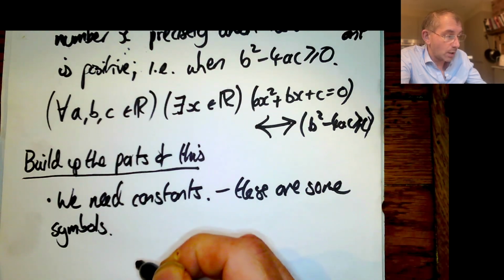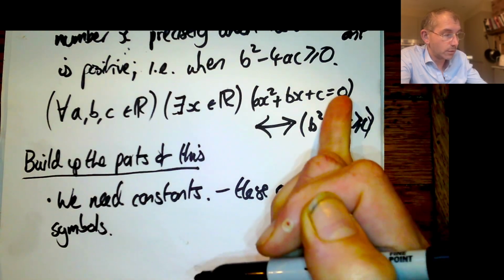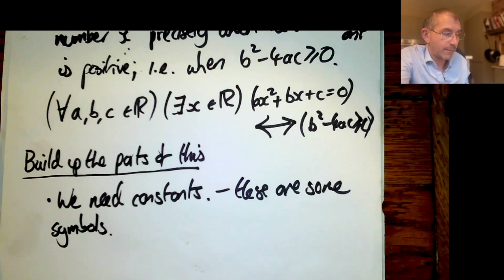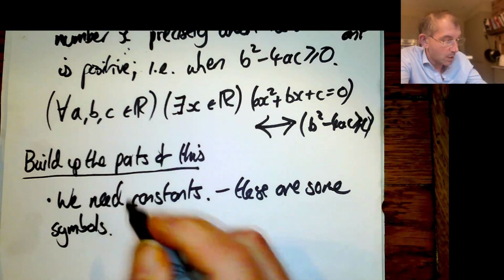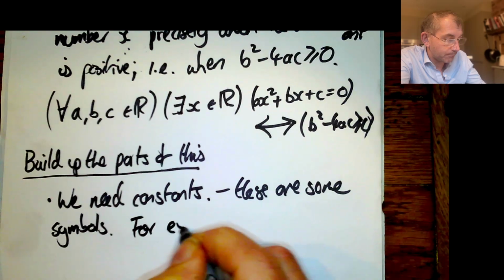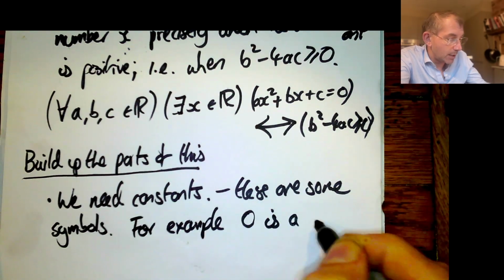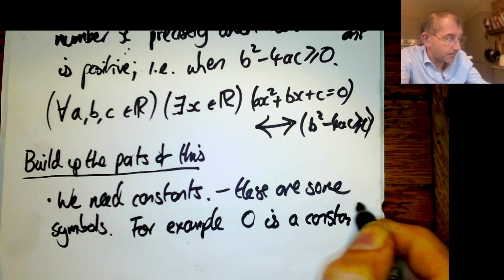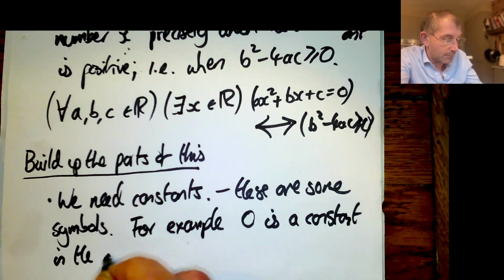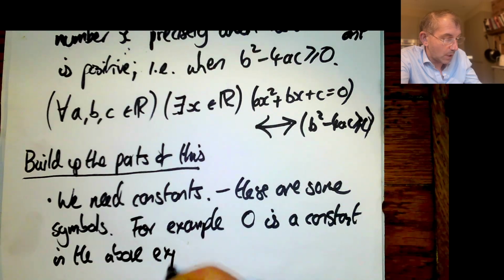So one symbol that we have used twice in the above expression is the symbol 0. So that's an important constant. If you're doing any kind of algebra at all, you want to have a symbol for 0. So for example, 0 is a constant in the above expression.